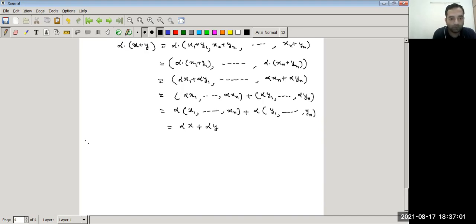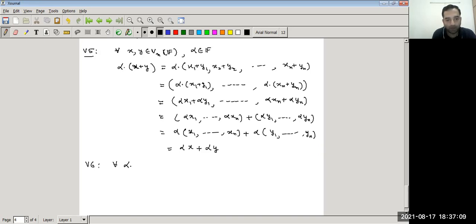Now V6. What is the sixth property? For all alpha, beta belonging to the field and any x belonging to the vector space, we have to show that (alpha plus beta) dot x, this is the operation, is alpha x plus beta x.